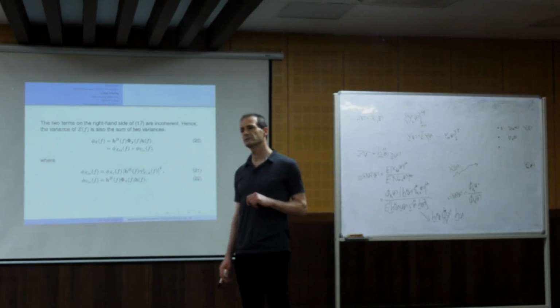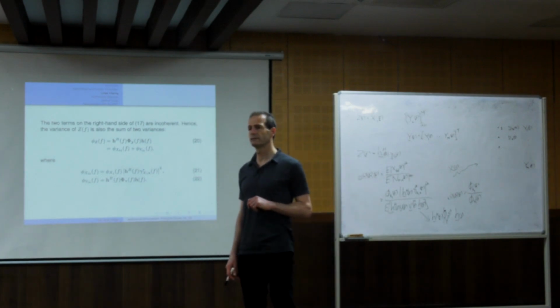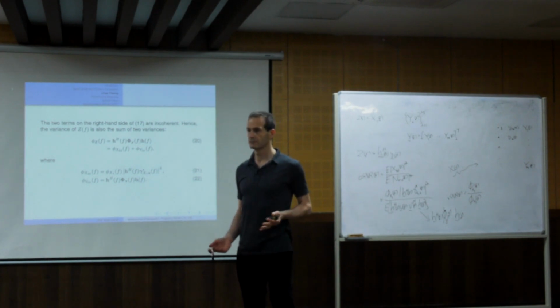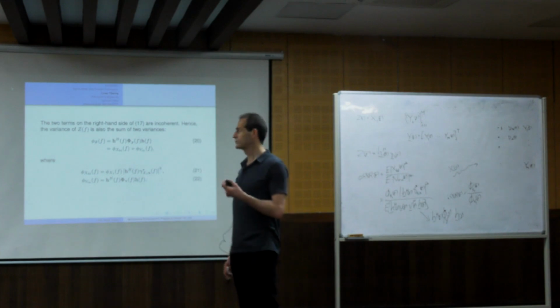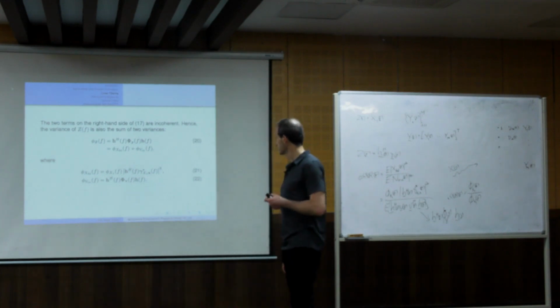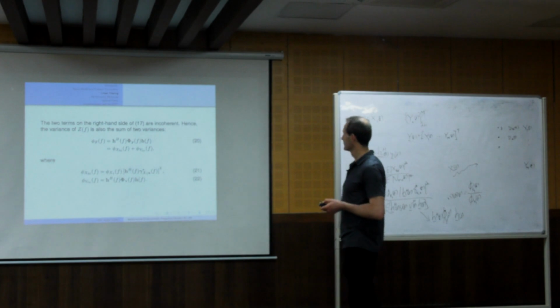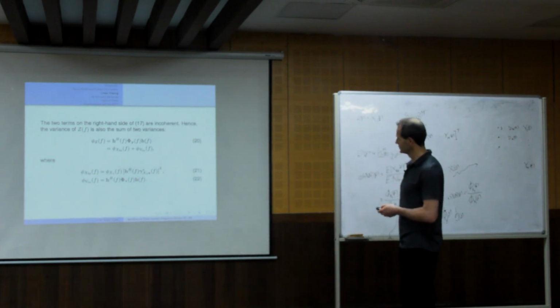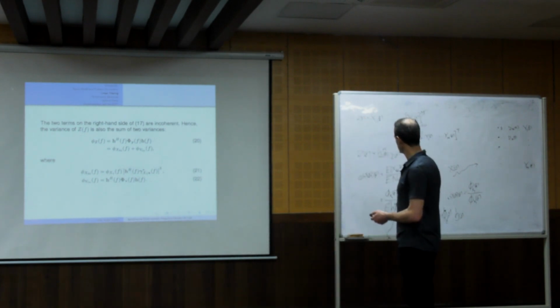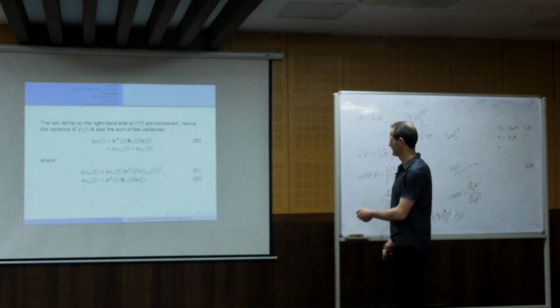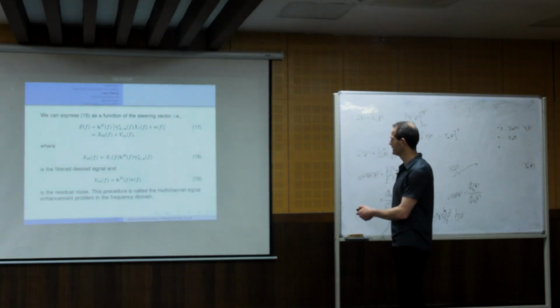Now suppose that I want to get a filter with no distortion, like MVDR. So what should I require? So let's see what I have here. Okay, I go back. Here. You see, the output of the filter, we have two components.